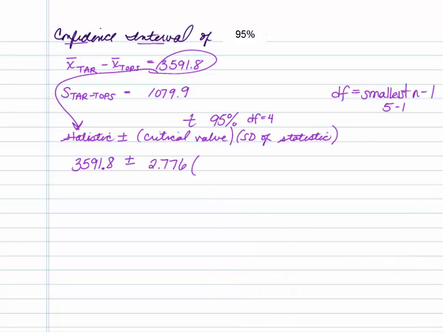Just double checking it. Okay, that looks about right. And then we've got the standard deviation of the statistic of the difference. And all we have to do is do some multiplication and adding and subtracting, and we could actually find out what this interval is.